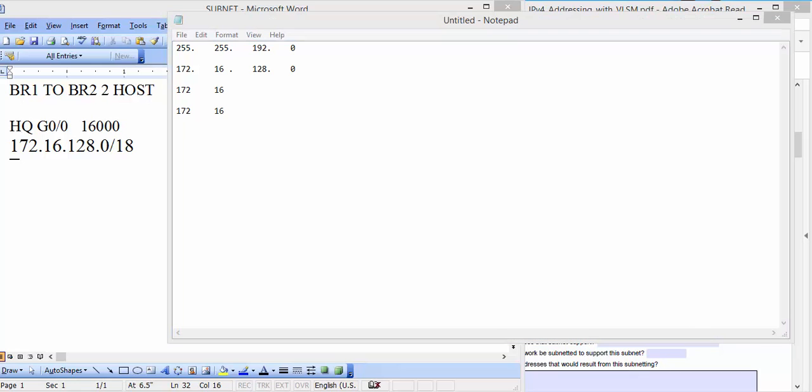Now we focus on the 0 octet of the subnet mask.